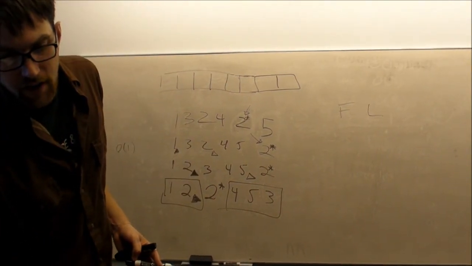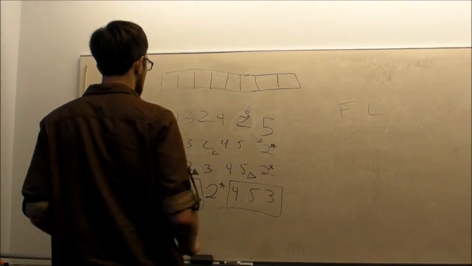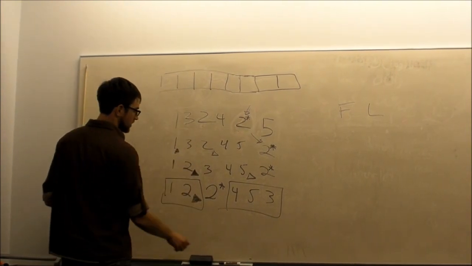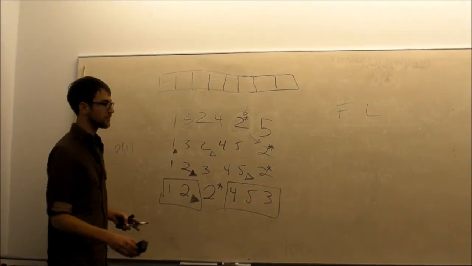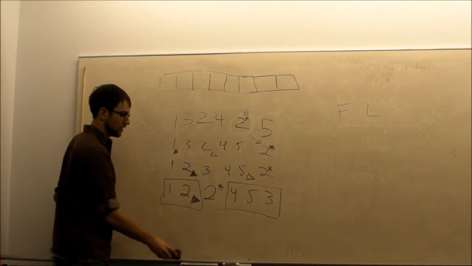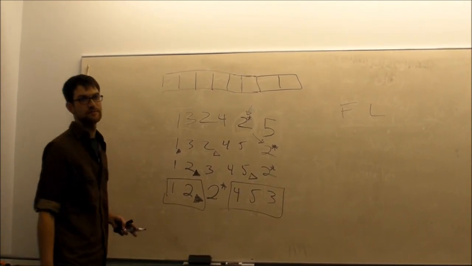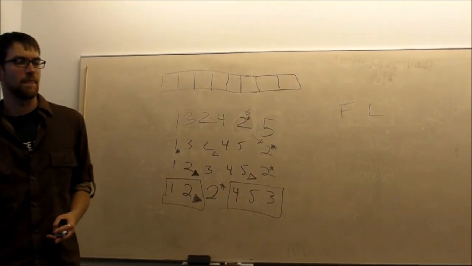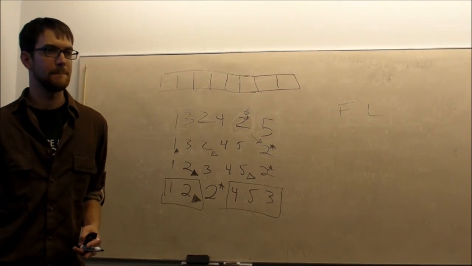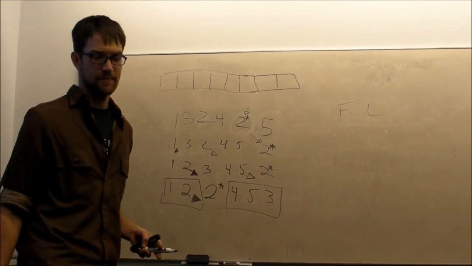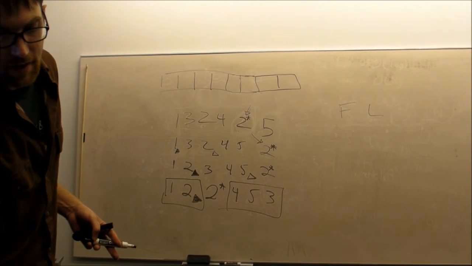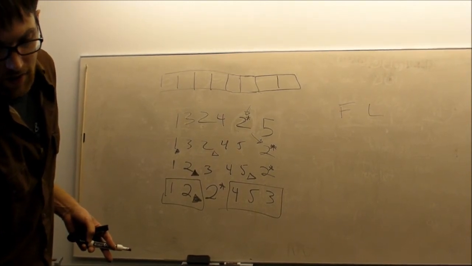Yeah. And so, despite all of these good properties, what is the worst case time complexity of quicksort? N squared, you have to swap every single one and check it.